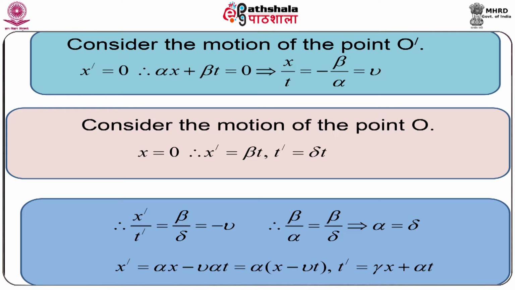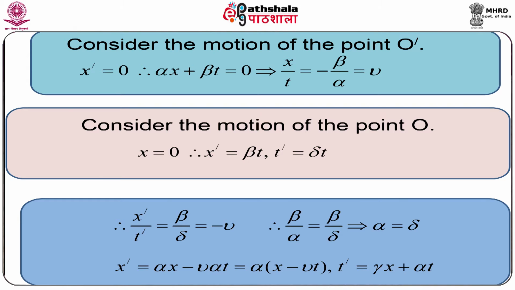If we consider the motion of the point O, the origin of the frame S, then we have x equal to 0. Substituting x equal to 0, we get x dash equal to beta into t and t dash equal to delta into t. If we calculate the ratio x dash divided by t dash, this is the velocity of frame S with respect to frame S dash.